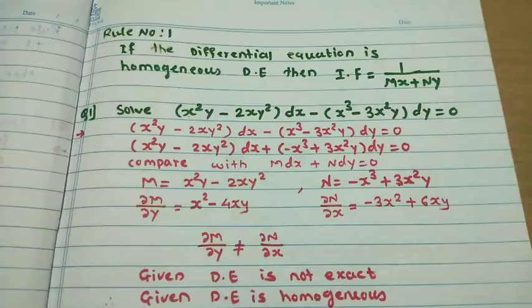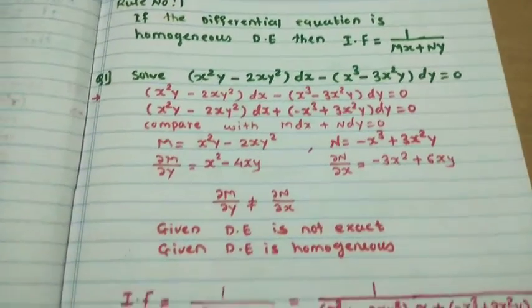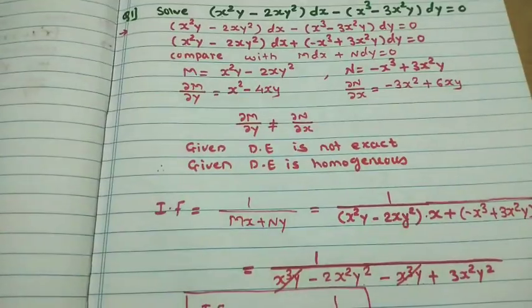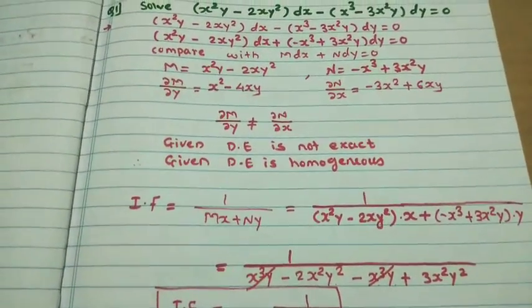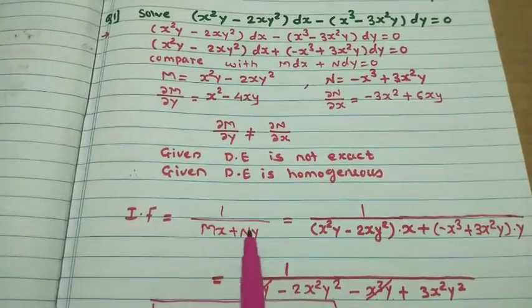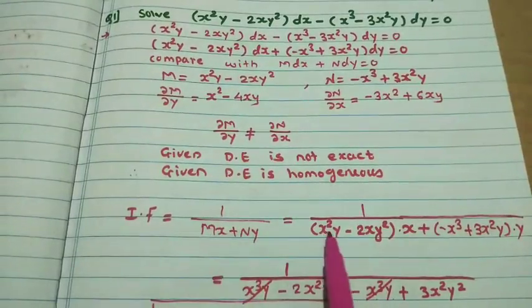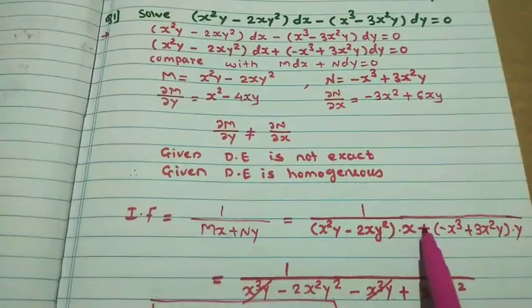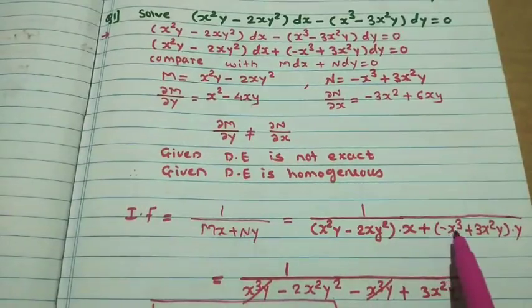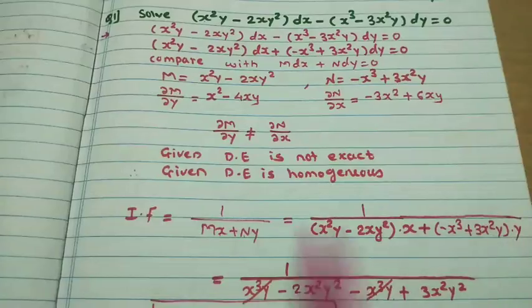We also know that the given differential equation is homogeneous, so we can use the integrating factor 1 upon Mx plus Ny. Now substitute M and N here: (x square y minus 2xy square) into x plus (minus x cube plus 3x square y) into y.